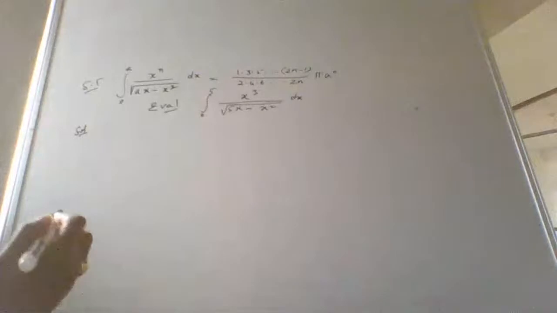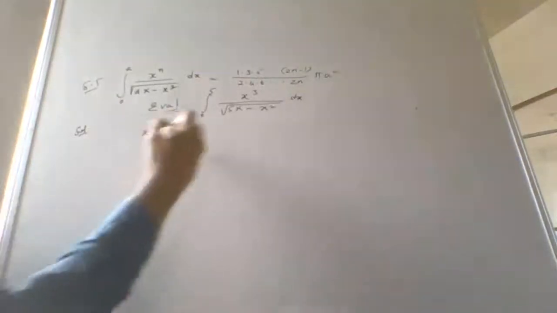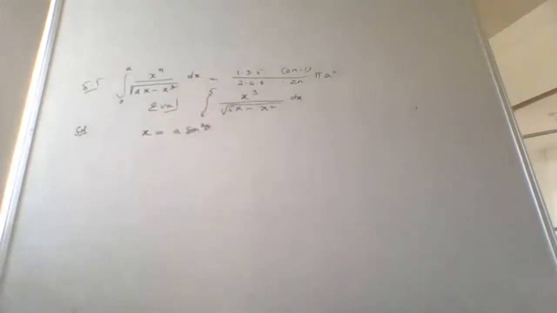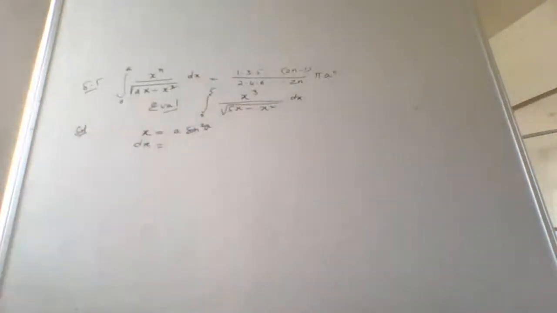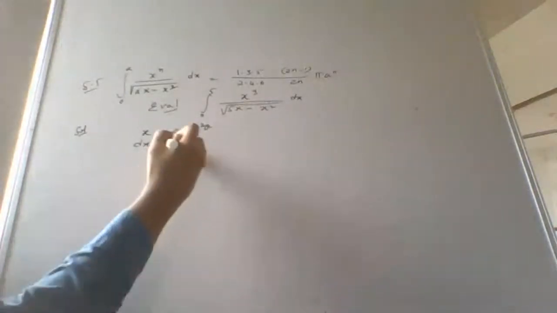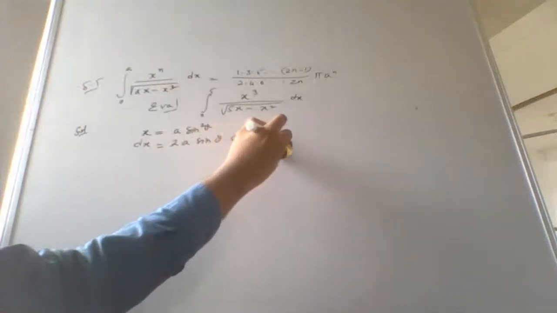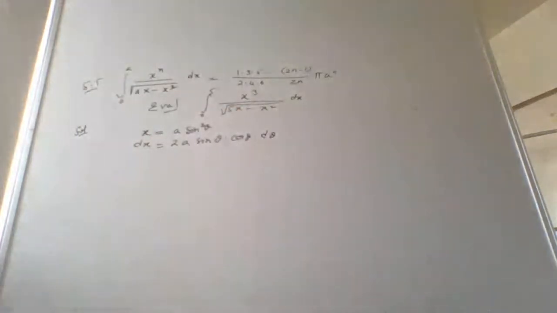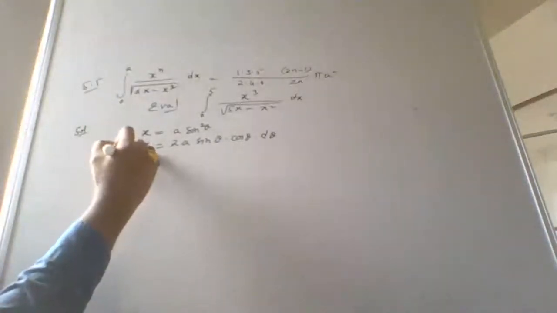So let us put x is equal to a sine square theta. When you are substituting it, differentiate this also. So I get dx as 2a sine theta cos theta d theta. So this is done. Again, let us change the limits. The limits will be 0 to pi by 2.